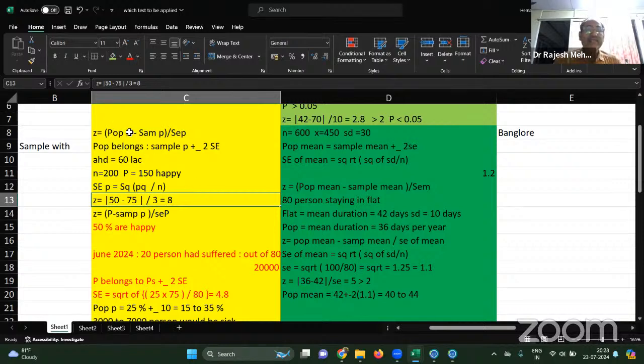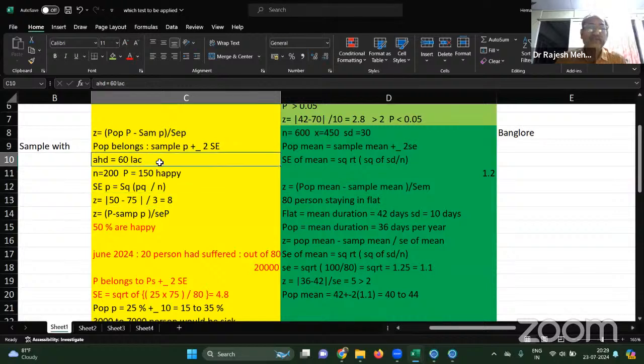In this Z, the formula is population proportion minus sample proportion. And the other way around, if the sample proportion plus minus 2 standard error belongs to this, then the sample is representative. Suppose Ahmedabad has a 60 lakh population.